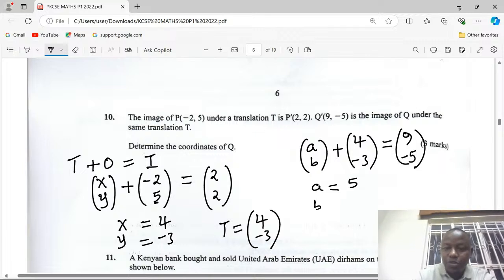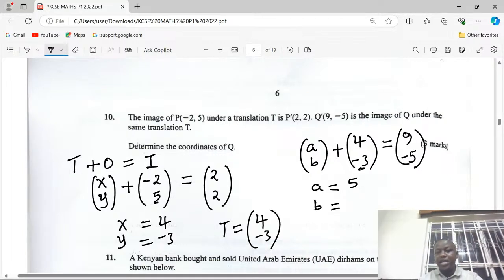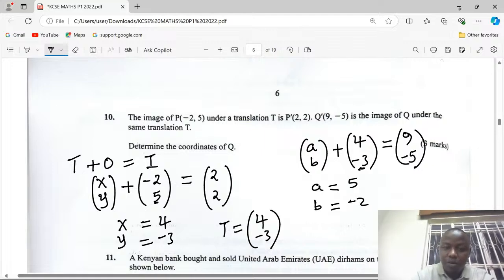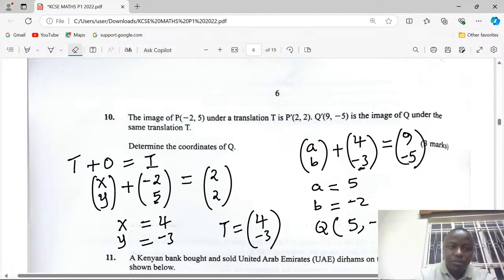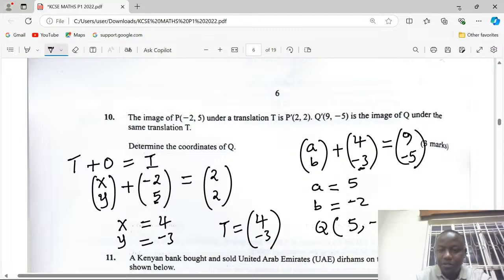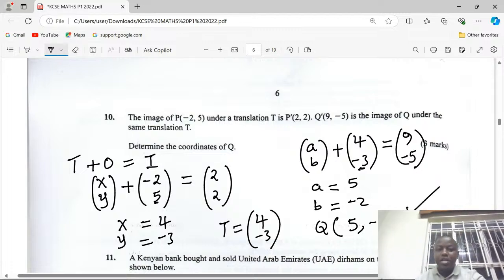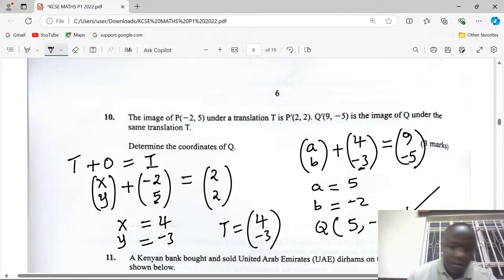And for me to get b, I need to say negative 5 plus 3, because when 3 goes to the other side, it will be negative. So negative 5 plus 3 will be negative 2. So the coordinates of Q are 5, negative 2. This is the coordinate for Q.